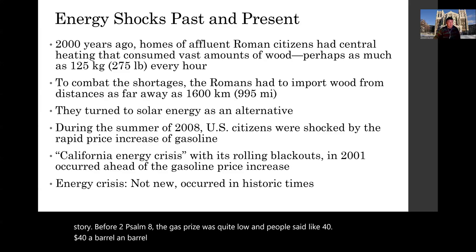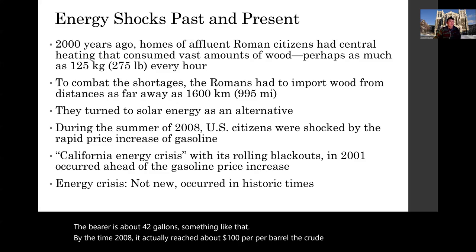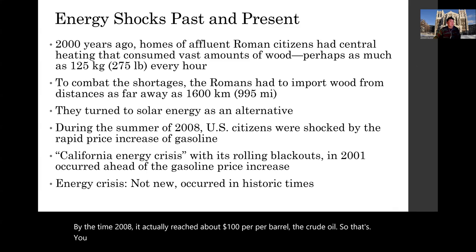Basically, that's the unit. A barrel is about 42 gallons. By 2008, crude oil actually reached about $100 per barrel. So that's nearly doubled.